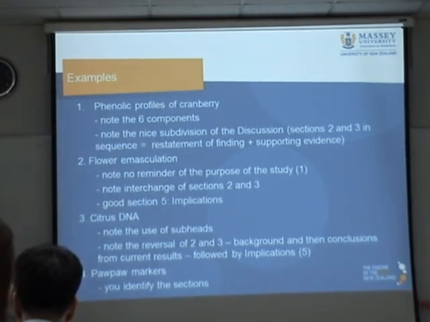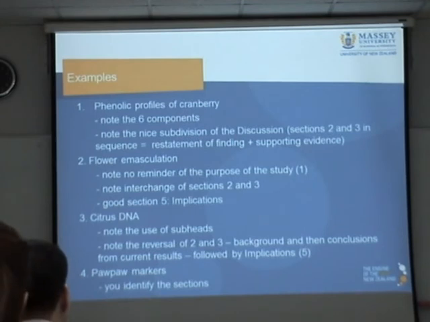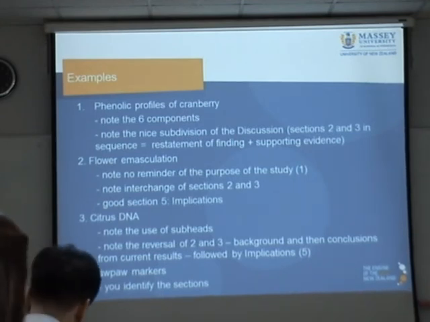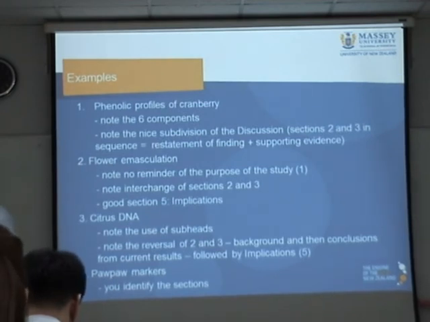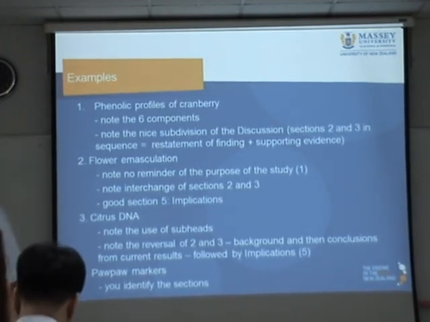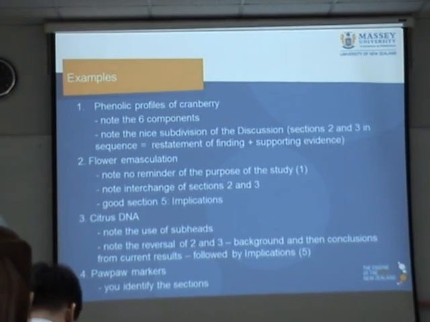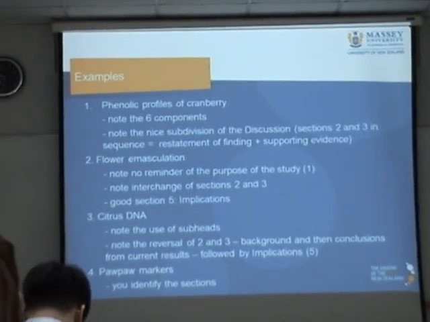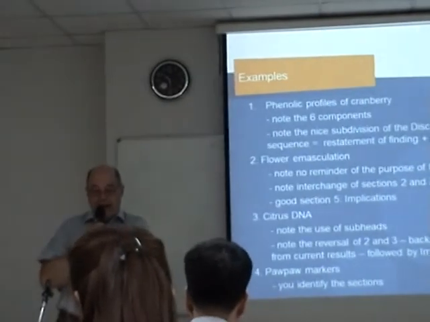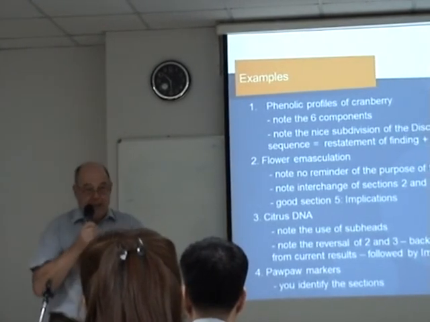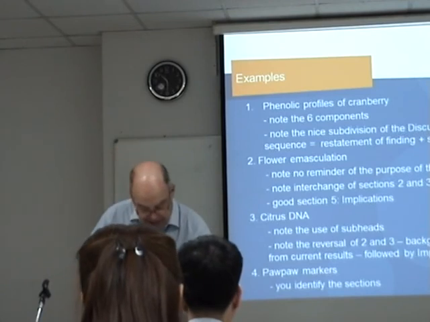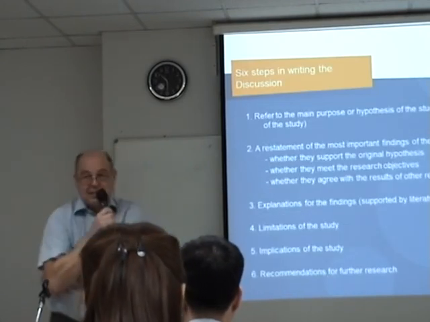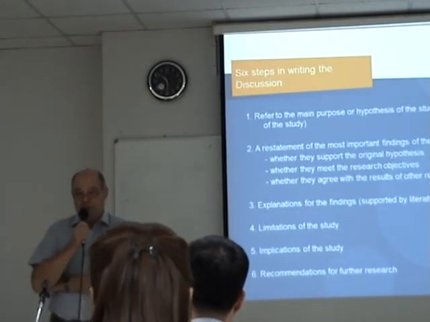Now, if you pick up paper number 8, what I'd like you to do is try and identify 1, 2, 3, 4, 5, and 6 on that handout. So just take a pen, start reading, and I'll just go back to remind you, there are the 6 things that I want you to look for.